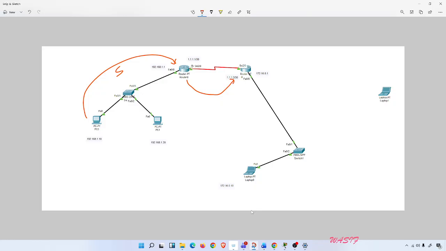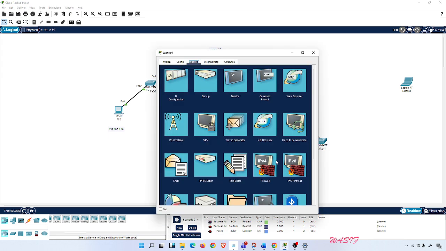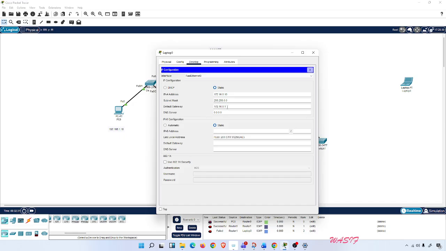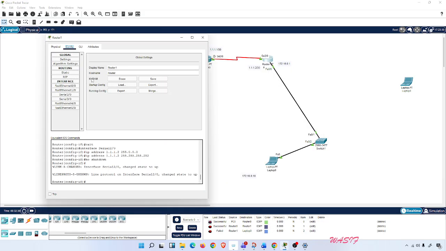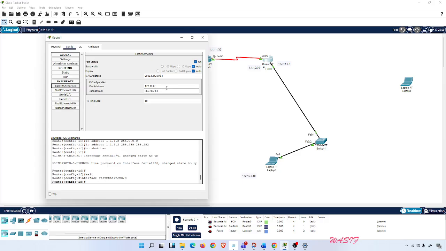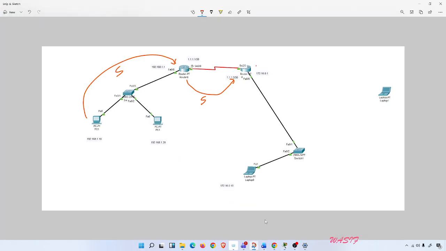Sending a packet from here to here is also okay. Let us see if we have made a mistake here. Let's see FastEthernet 0/0. Everything is 0.1. Everything looks good. It failed. Let's try again. Here to here. You see, successful. Okay, first time failed and all these things happen. First few packets could fail, but eventually it will work.